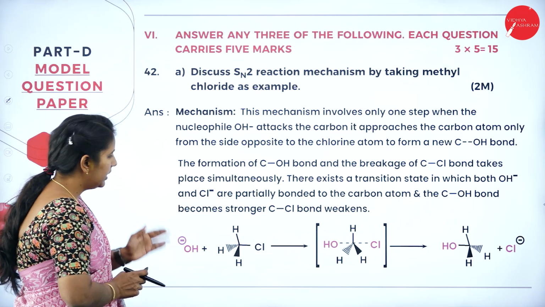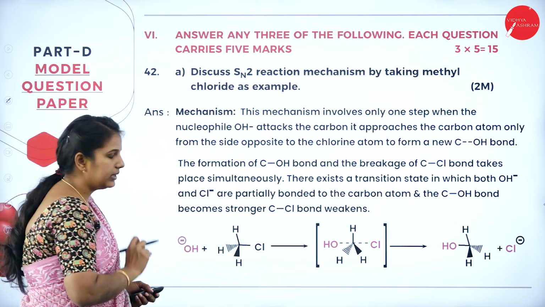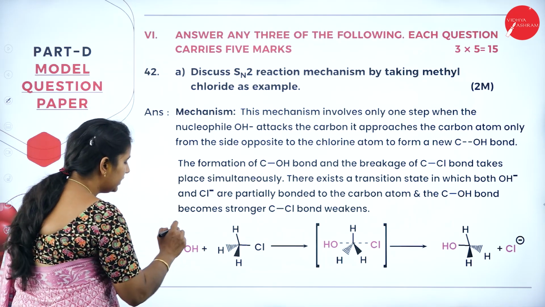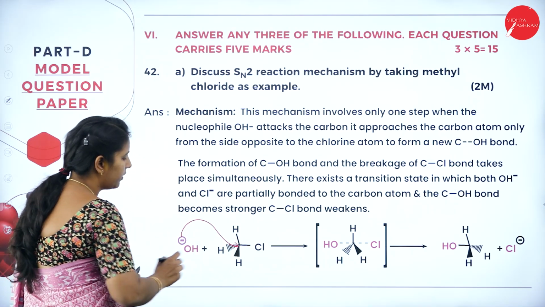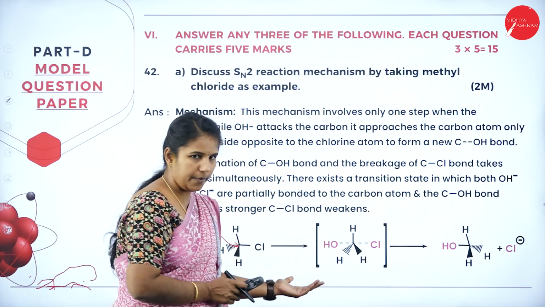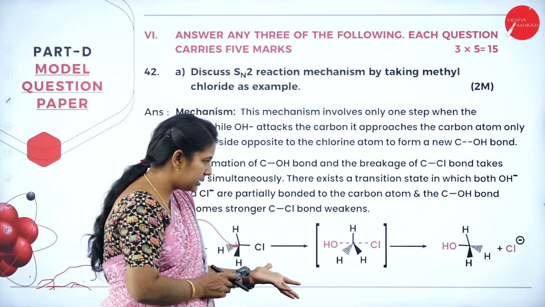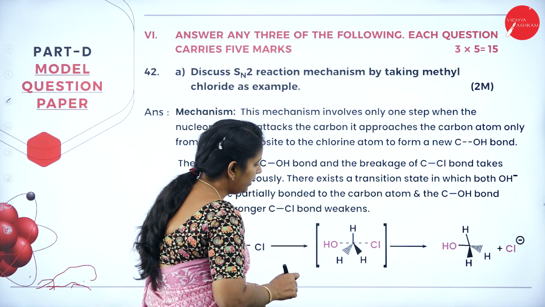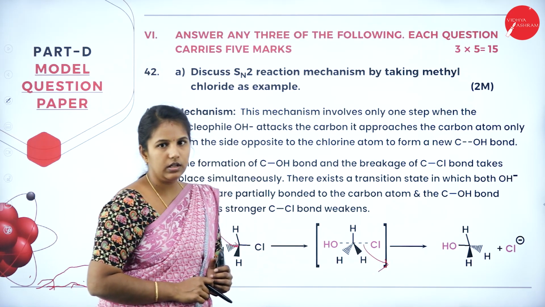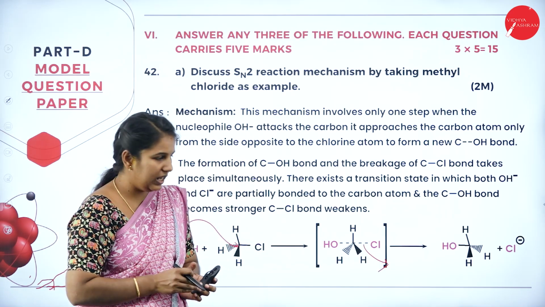So we know that in methyl chloride, the carbon atom is attached to a halogen, correct? And when the nucleophile attacks from the back side, you know what will happen? It forms an intermediate, okay? It is unstable, and it easily leaves the halogen, because halogens are good leaving groups.